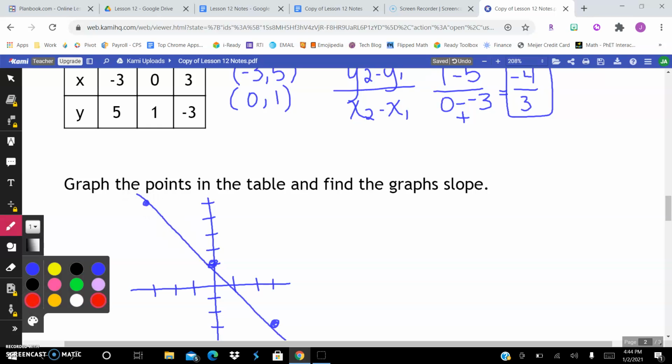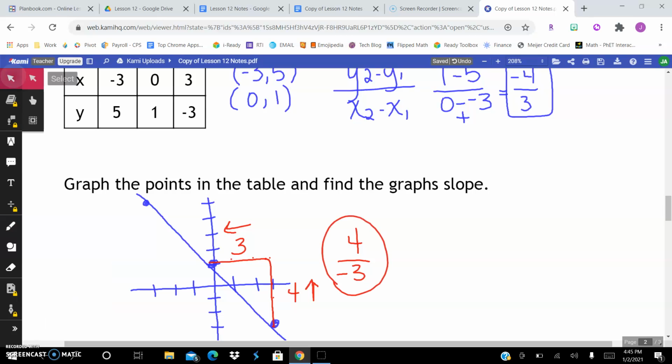So now we can use rise over run from these points. So if I chose this point, I would have to come up here to this point. So I'm going to come up 1, 2, 3, 4. And then I have to go back 1, 2, 3. So I went that way 3 and I went up 4. Up 4 is positive, but left 3 would be negative. So that's still -4/3, which is what we got by finding using the slope formula above.